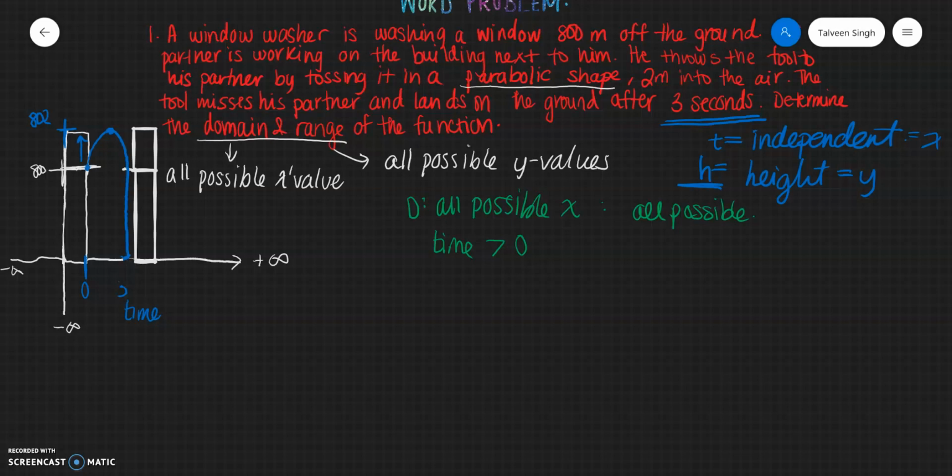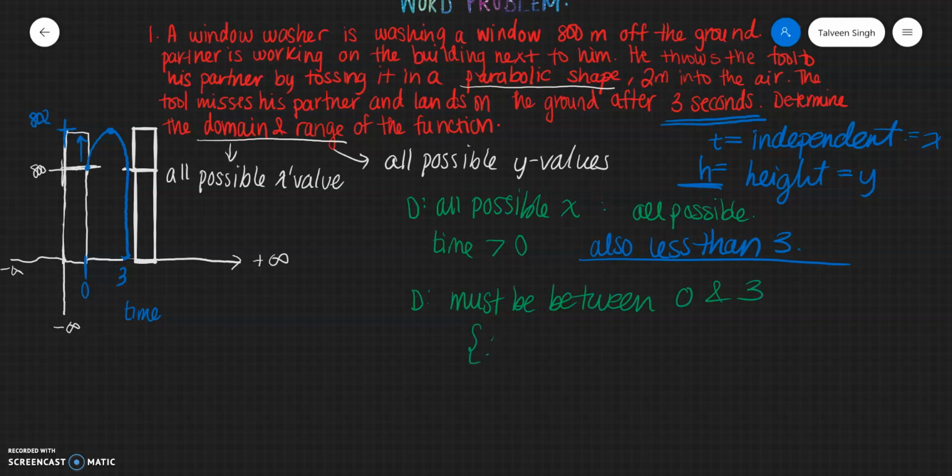So time also has to be less than 3, because at that point the tool just lands on the ground, and it's not going to go any further. So that means that my domain must be between 0 and 3.